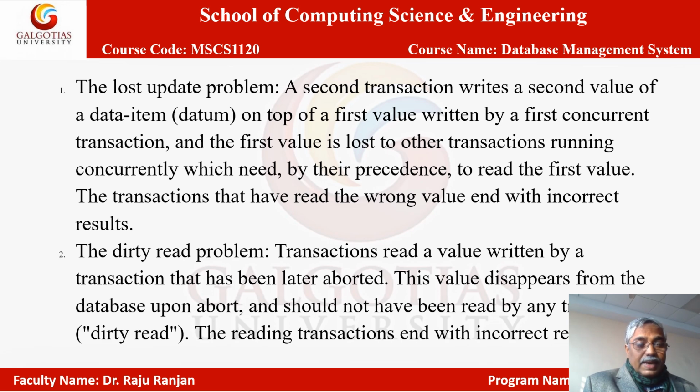So the second transaction must have read the value written by the first transaction, but it just overrode the first value and did not care about whatever is written by the first transaction. So the first transaction value is lost. The transaction that have read the wrong value end with incorrect result. This is called the lost update problem.